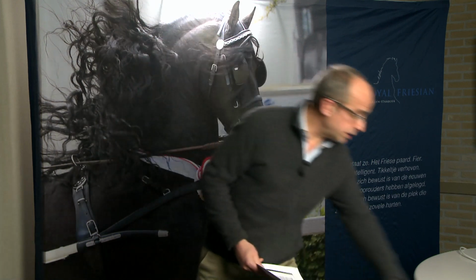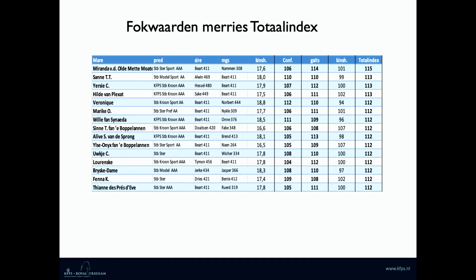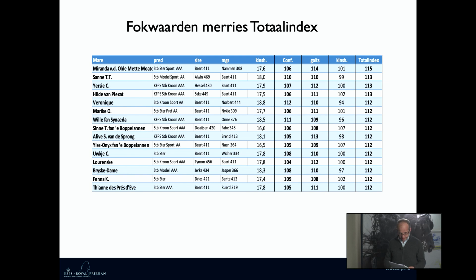You may have seen the top list of our mares that are ranked for total index. We publish those annually in December, and you'll see which are the highest mares in this list.